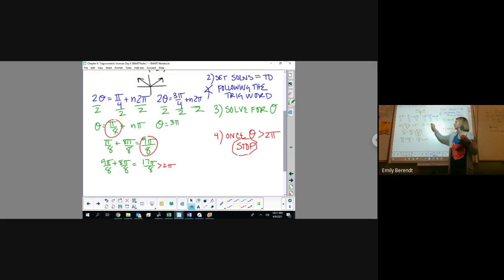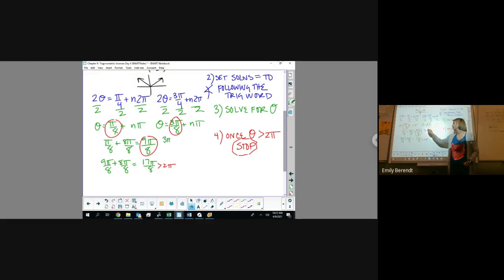So we get 3 pi over 8 plus n pi again. So once theta is by itself, if the angle after the equal sign fits your range of values, 0 to 2 pi, it's another answer. Is 3 pi over 8 greater than 0? Yep. Less than 2 pi? Yep. So it's our third answer. And then we add pi to 3 pi over 8.